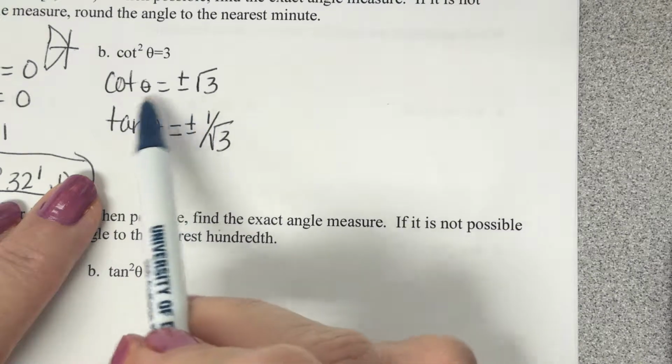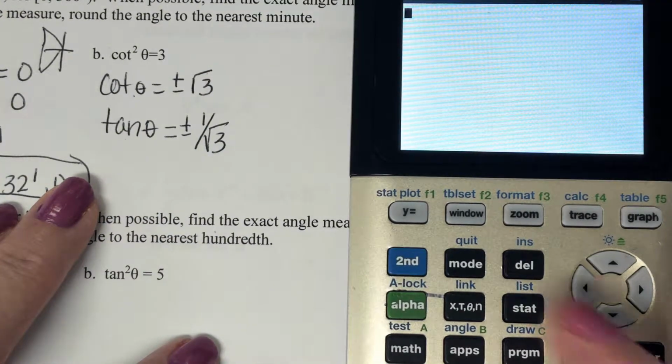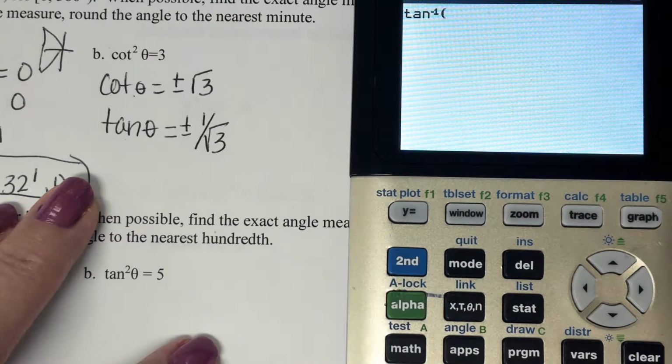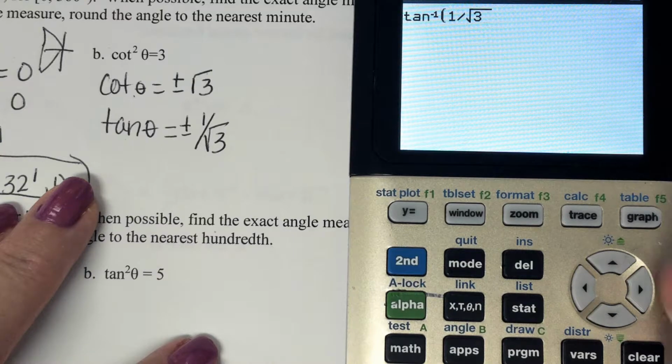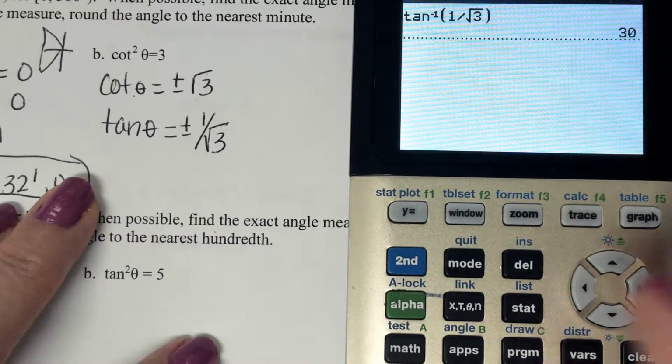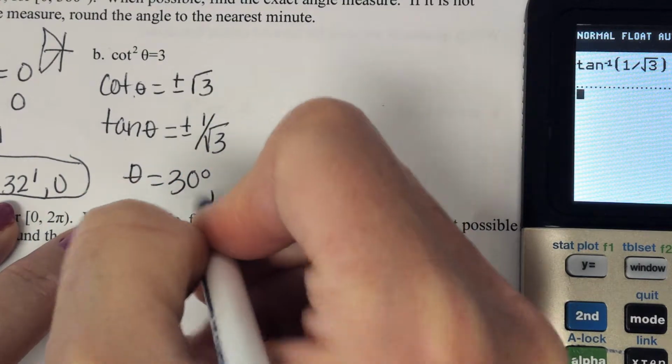Do you see that? Because I'd have to do the reciprocal function. Now I could do second tan of 1 divided by radical 3. And we get 30. So 30 degrees is one of our answers.